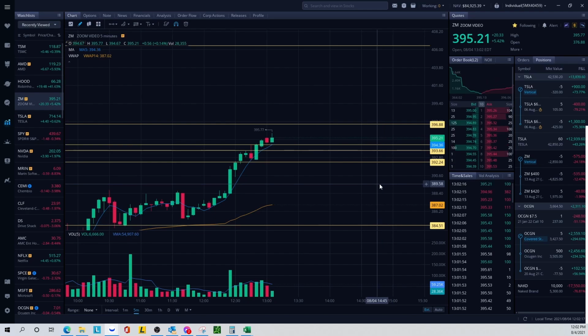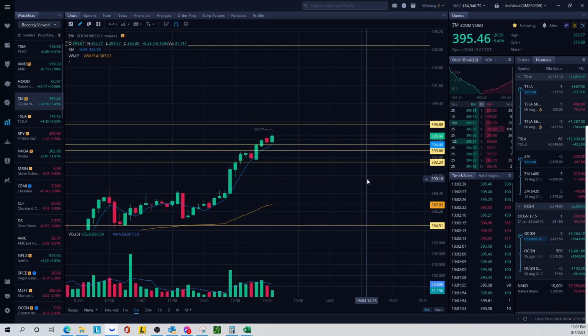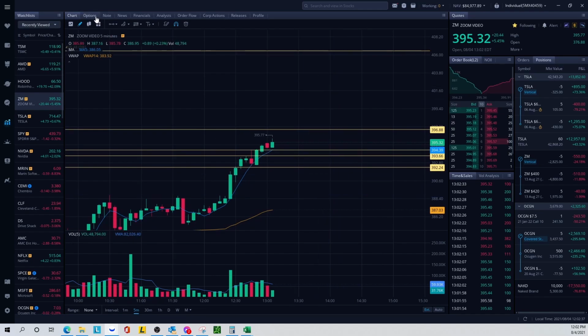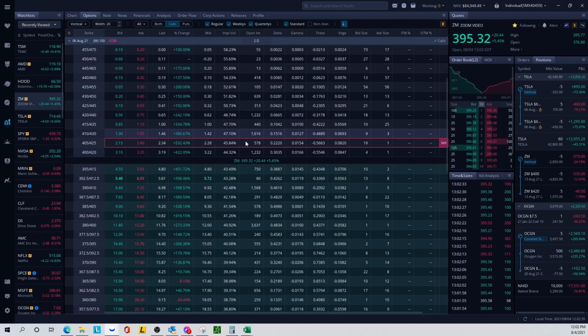So hopefully this is useful so far, describing what I'm looking for, and what you should be looking for in terms of price action, volume, support and resistance, pre-planning which option you want to take, and being ready to pull the trigger at the appropriate time.